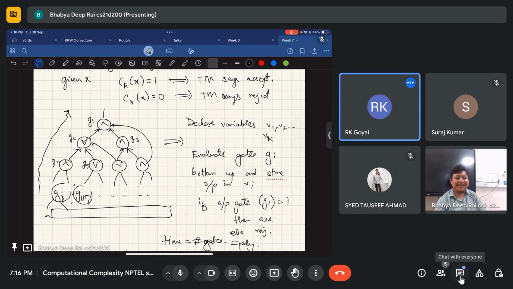Yeah, I know you are thinking of PSPACE. That's why you are feeling this way, because for PSPACE it's not clear whether it runs in polynomial time. But the key idea here is that any P algorithm is allowed to take polynomial space as long as it runs in polynomial time. That is what's happening here.